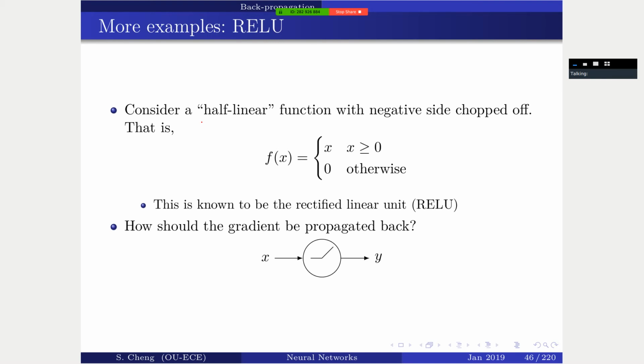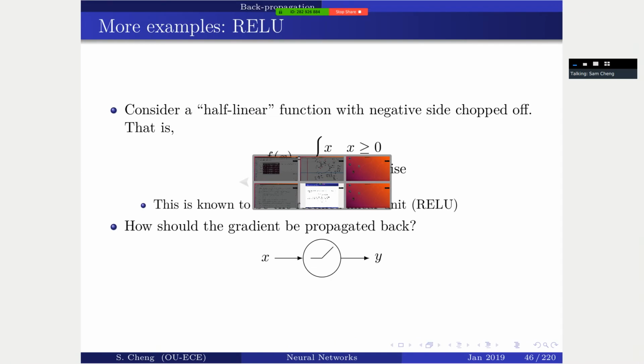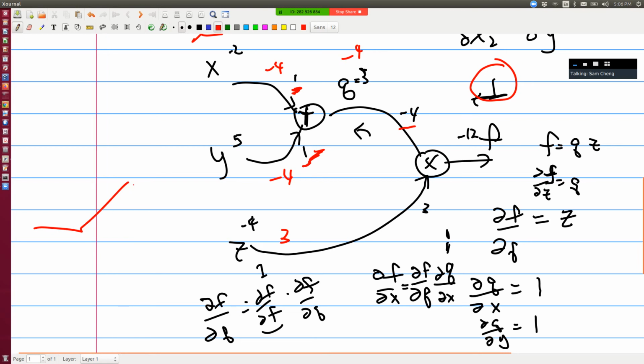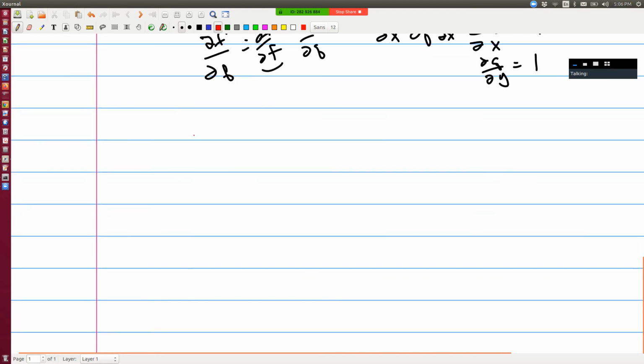Okay, how about ReLU? Maybe a couple more examples. If I have ReLU, what do you expect? Consider I have a ReLU operator. So ReLU basically just matches your input here.